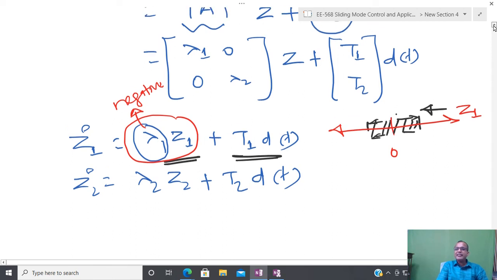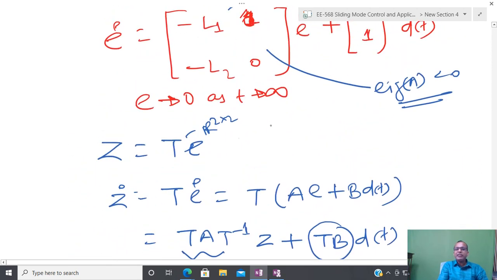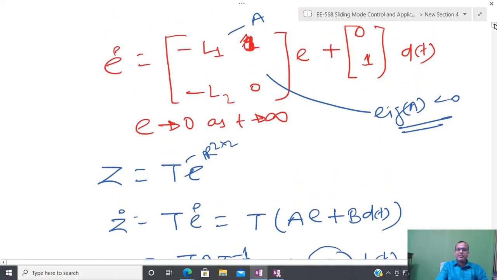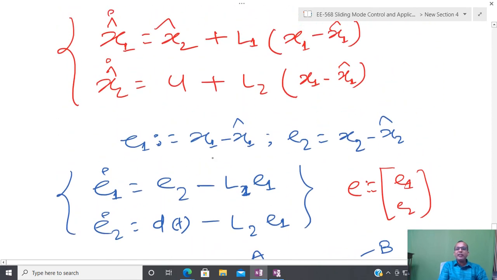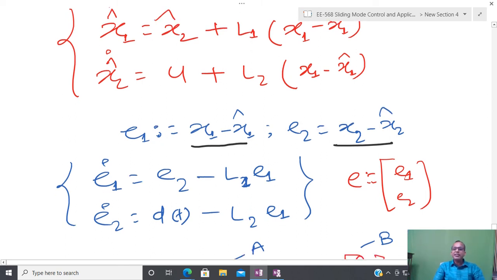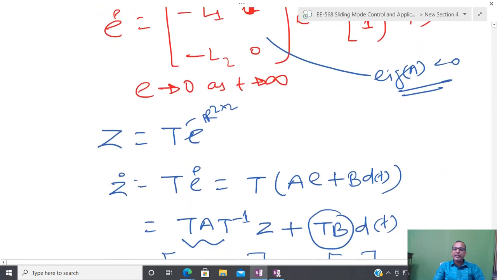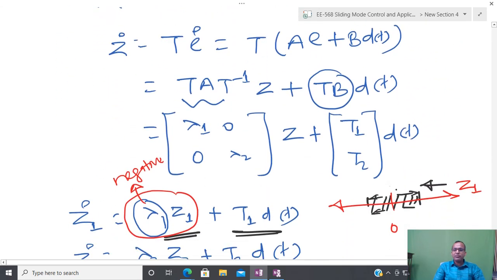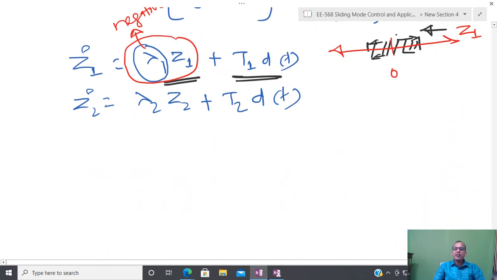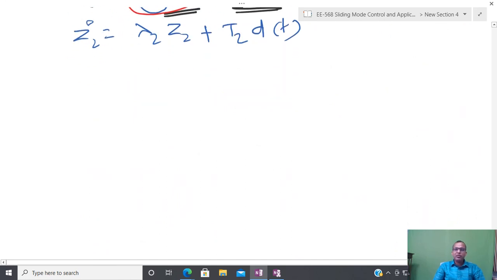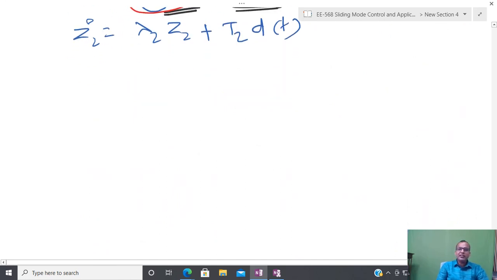But I cannot say that E1 and E2 tend towards 0, however long you wait. It means I cannot claim that x1 tends towards x1 cap and x2 towards x2 cap. So the conclusion is that if I have disturbance, I cannot claim that the Luenberger observer will work in a perfect way.